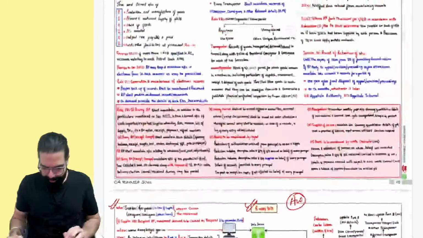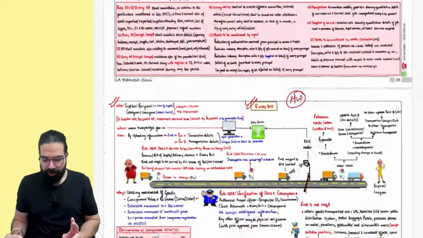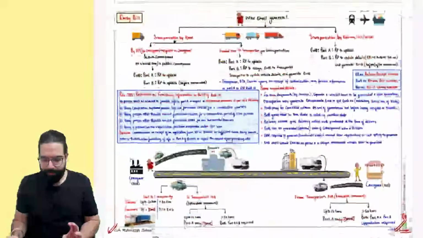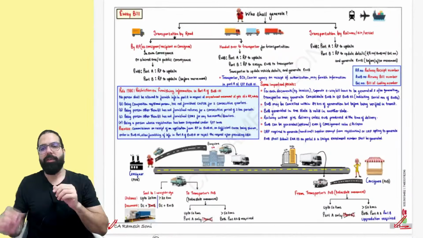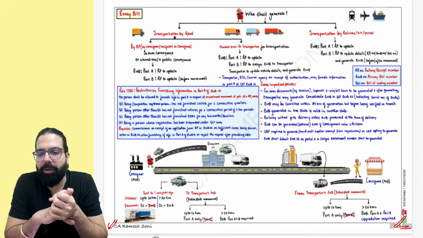Did you guys complete the previous revision: tax invoice, accounts and records, and e-way bill? Everything is the same in these three. Have you completed all three chapters from the previous revision?